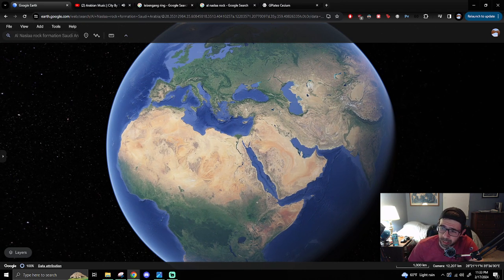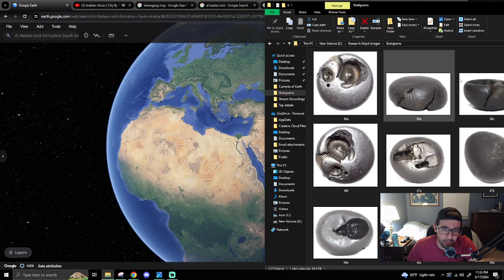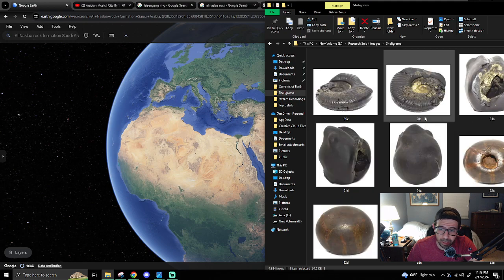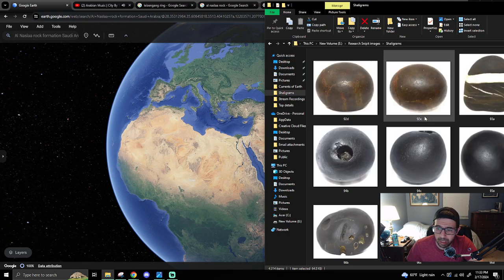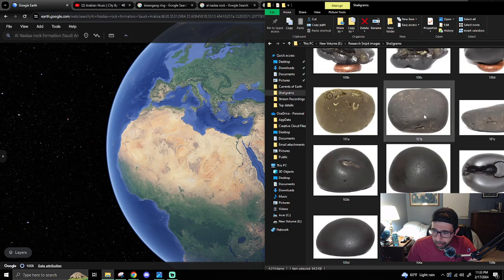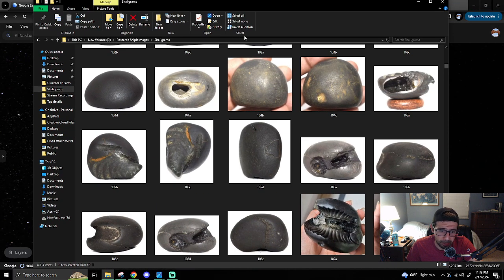Let's see if we can find any more similar features worth noting. You guys can't see them all, I can see them all. Let's do that for now, I guess.